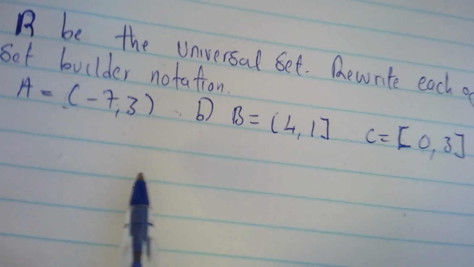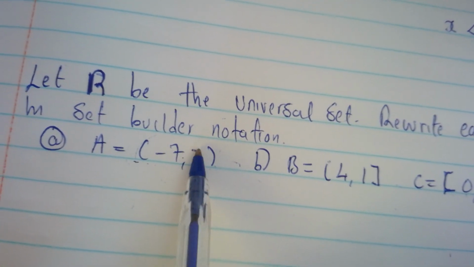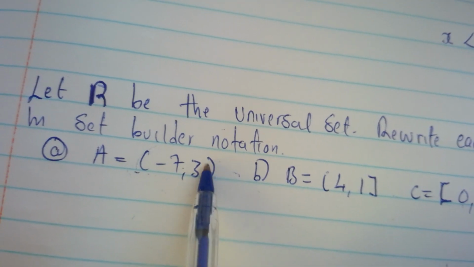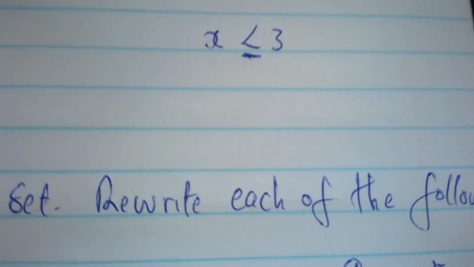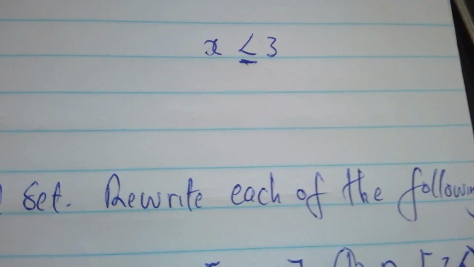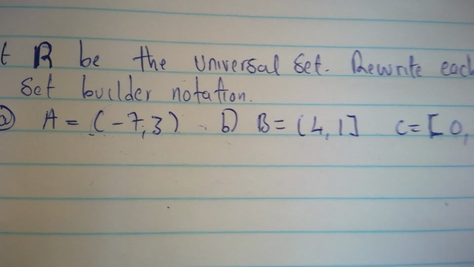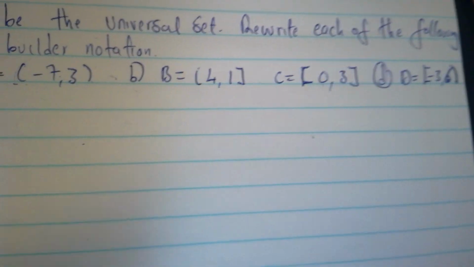So it's the same case here: this won't be part of the set, even this. The same applies. If I put less than or equal to, my set will include 3 itself because it's part of the set. That's the same principle we're using when coming up with a solution for this question.